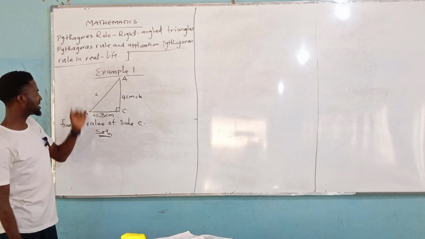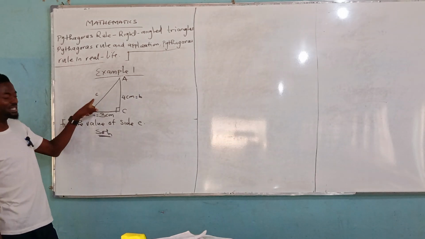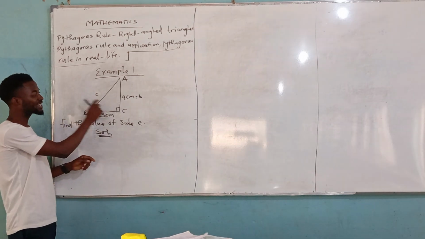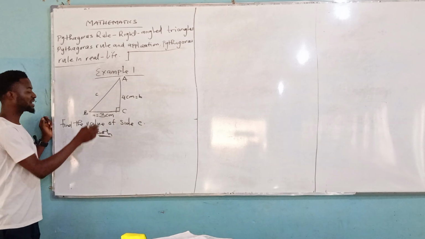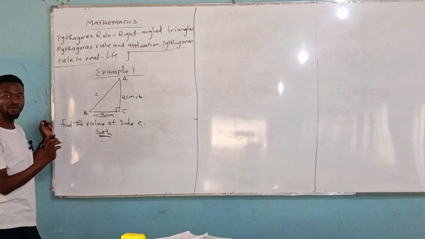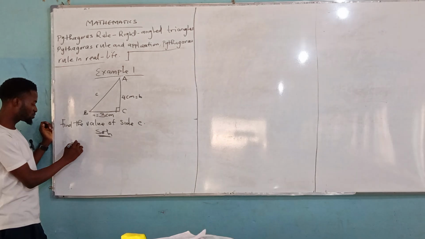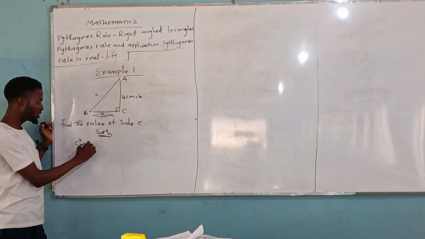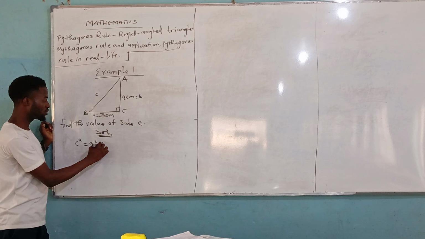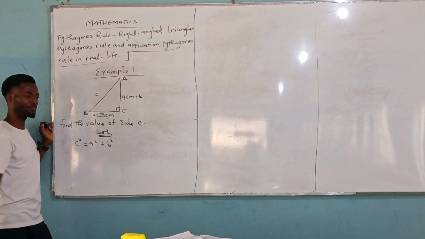And then based on how this is, you know that this is the hypotenuse because it is the side opposite the right angle. So now, from our formula, we say small c, that's c square is equal to a square plus b square.